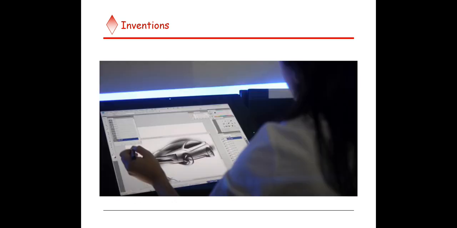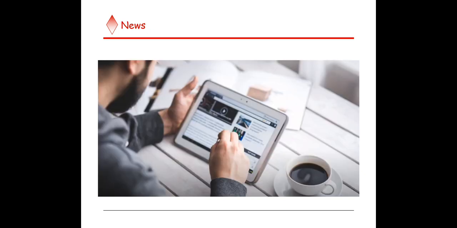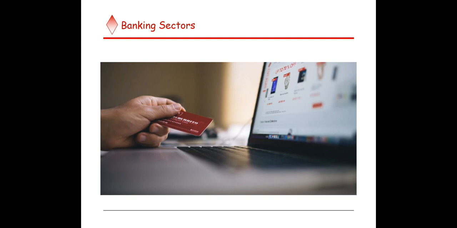And look at this. This is an example where a designer was trying to create a new model of a car. She was trying to draw the new model in the computing device. Computers make our life easy by providing the latest news on the internet. They even provide smoothness and security in banking operations.